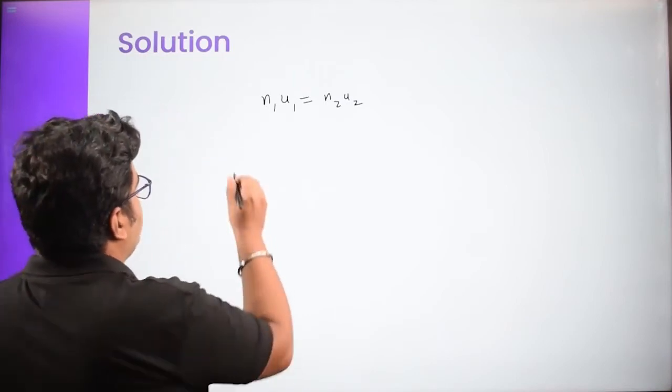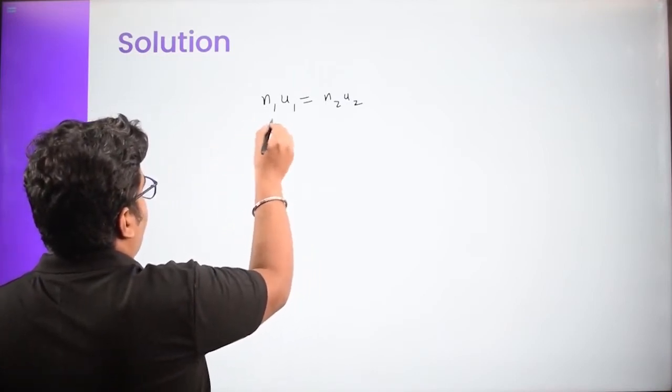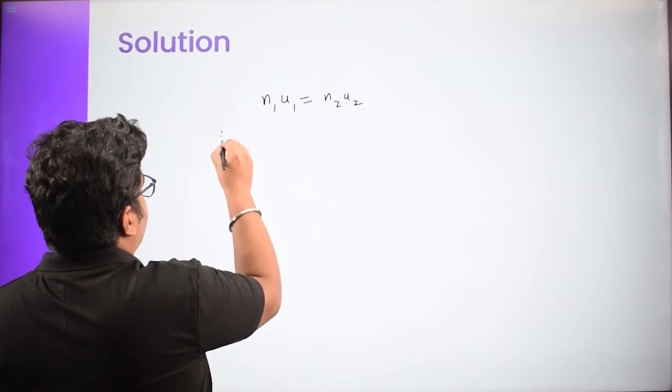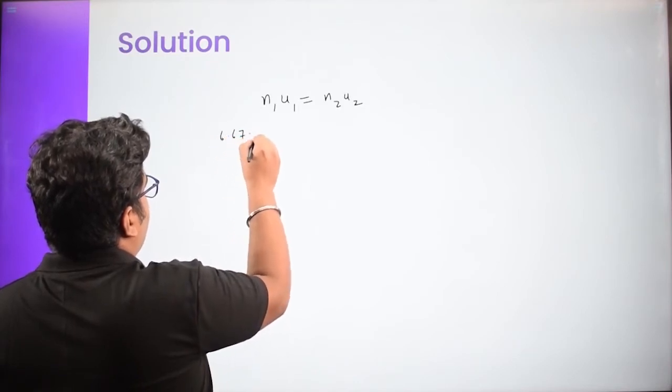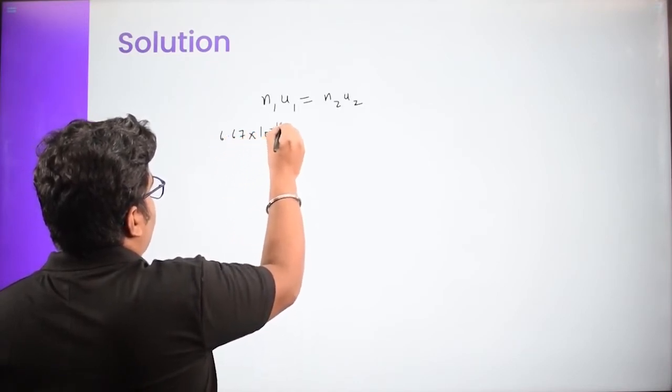So if I ask you what n1 was, the numerical value in the MKS system, that is basically 6.67 into 10 to the power minus 11.